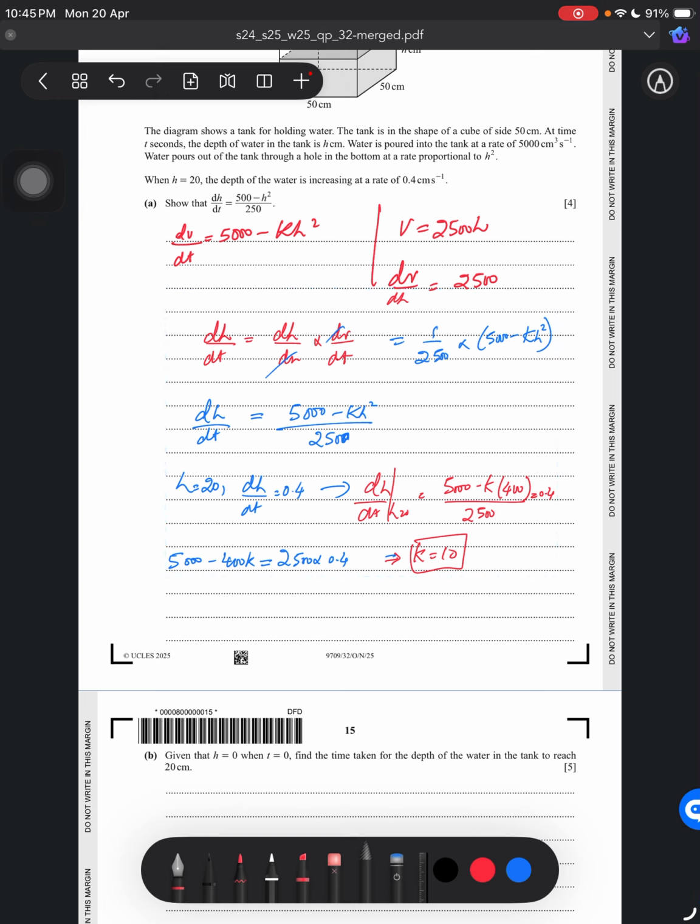Okay, now we already have the value for k. Now we can simply solve it.